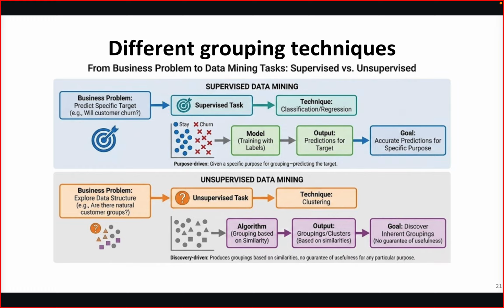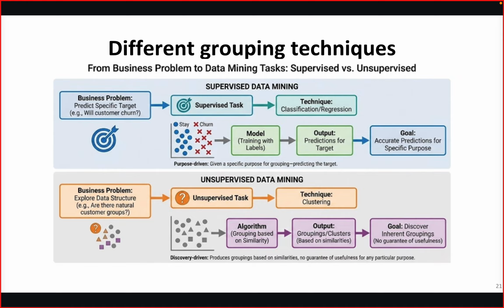You don't just train it, you have to test whether it has learned how to identify the target. Then we have a model trained on the training data, and we can predict the target. Overall, we have to evaluate how good the model is, with accurate prediction for a specific purpose. Accuracy is a terminology. So this is the first task, supervised data mining, versus unsupervised mining.